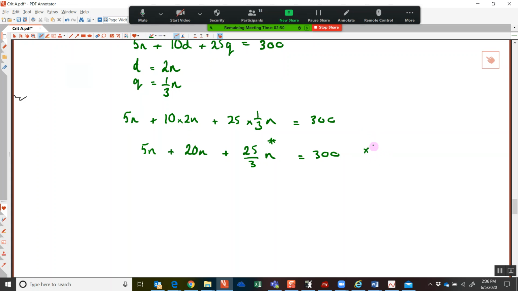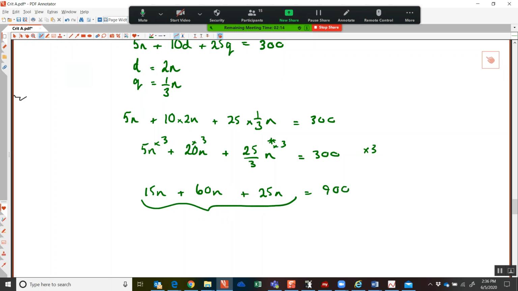I would times by 3, yeah. Everything multiplied by 3. So I would get 15n, 60n. That's now only 25n. And this would be 100. 900. And now I collect all that together. And what do I end up with? 100n is equal to 900, which makes n what? 9.